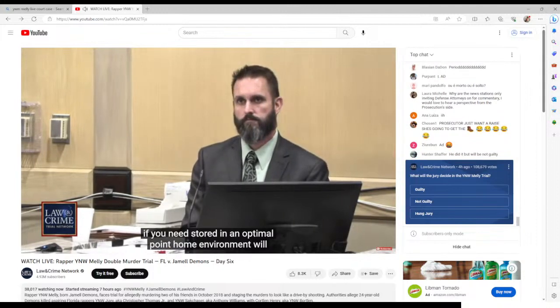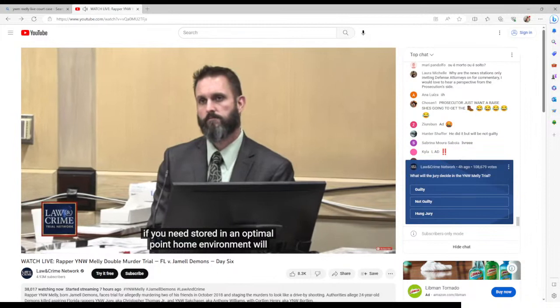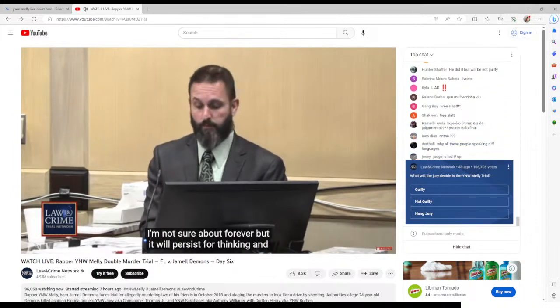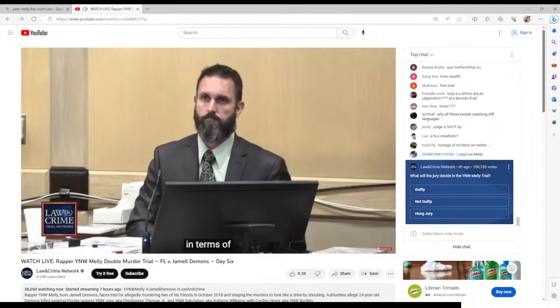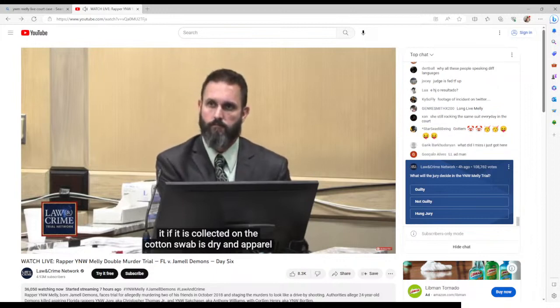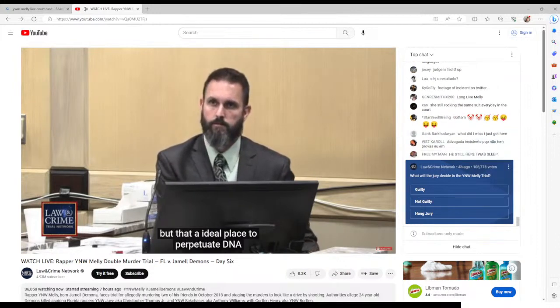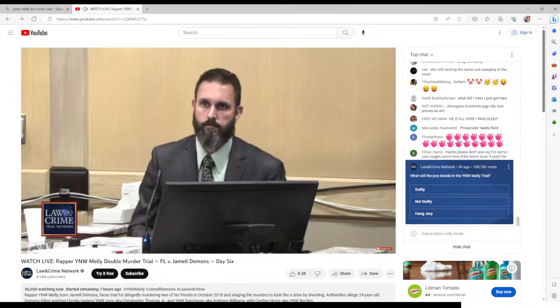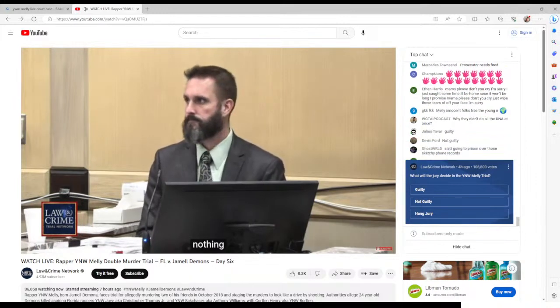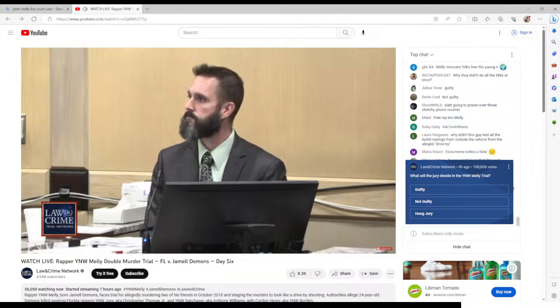If DNA is stored in an optimal environment, will it persist forever? I'm not sure about forever, but it will persist for decades. And if it is collected on a cotton swab that is dry and sterile, is that an ideal place to perpetuate DNA storage? Yes. Nothing further. I have one or two questions based on that, if the court will allow me.